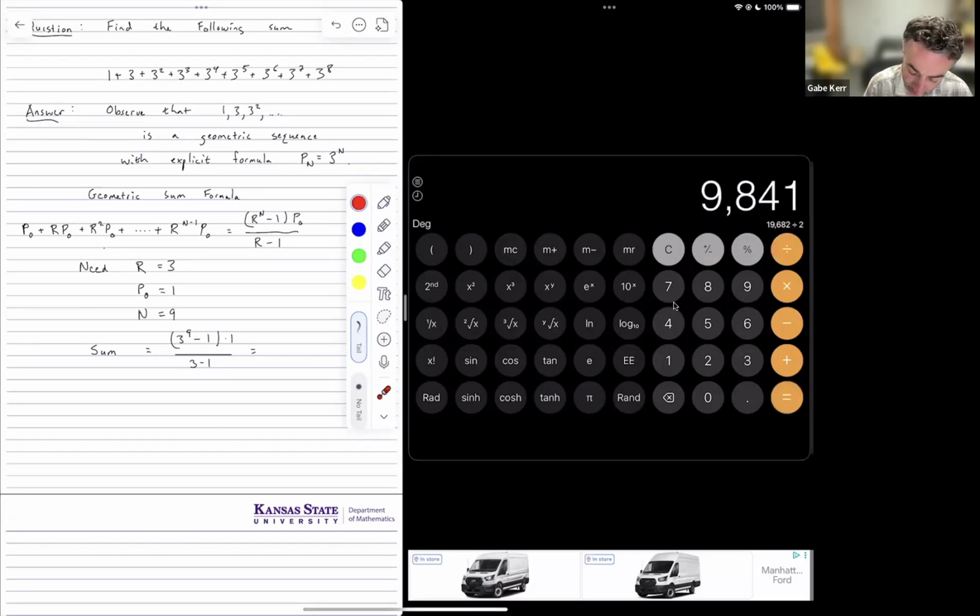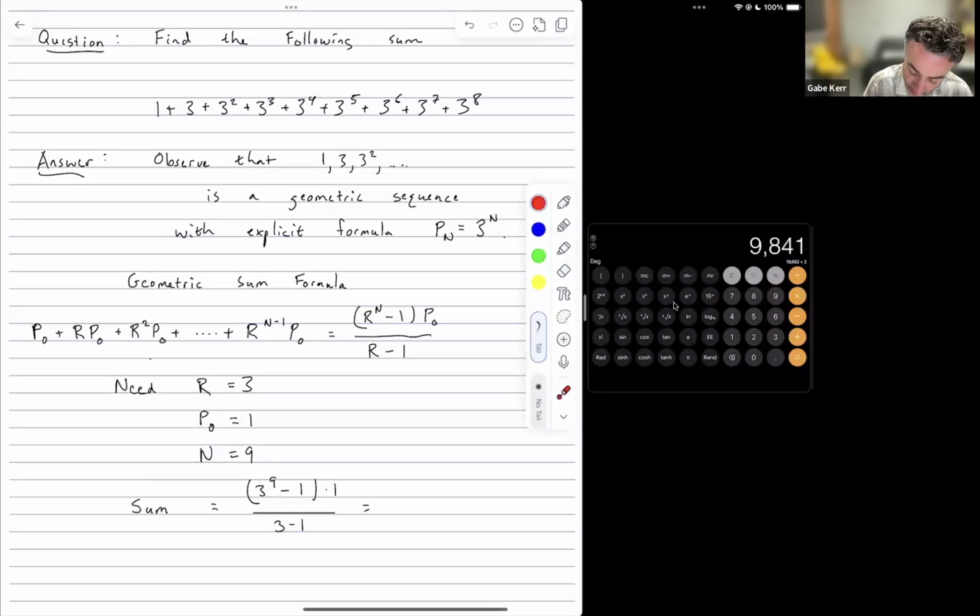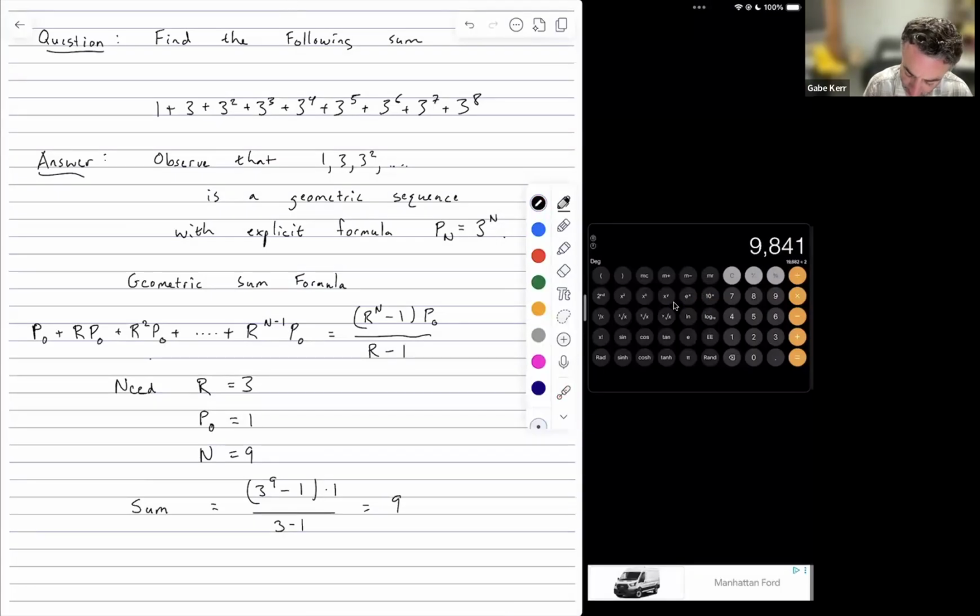And get this value. And that is 9,841. All right. So hopefully that helps folks use this formula to calculate these sums.